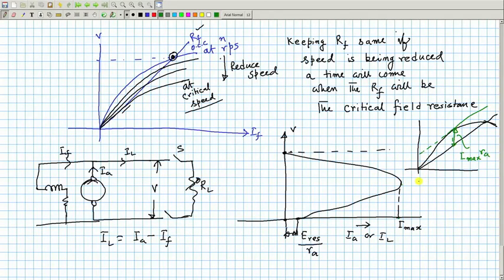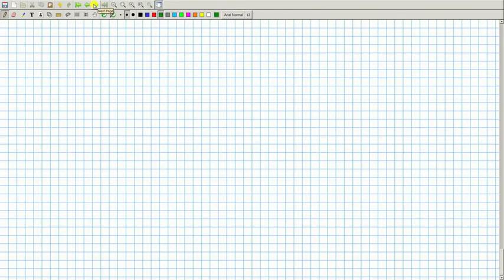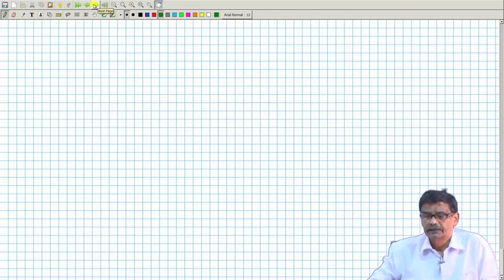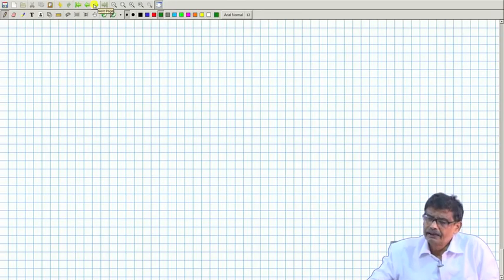Okay. So, this is about the characteristics of separately excited and shunt generators, and voltage drop takes place, I told you, because of armature resistance and because of brush drop, which is sometimes neglected. Otherwise, it is taken into account by considering 1 volt per brush. This much voltage you also subtract from the generated voltage, and then you get the terminal voltage.